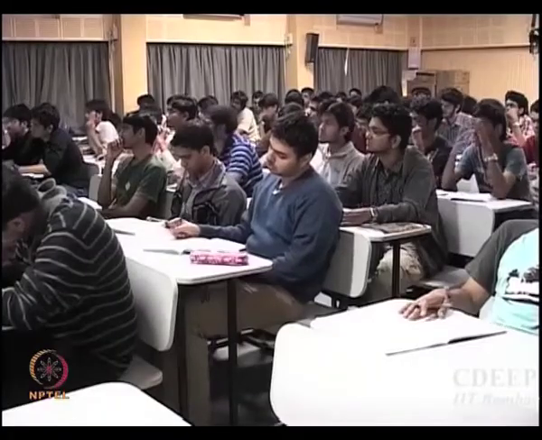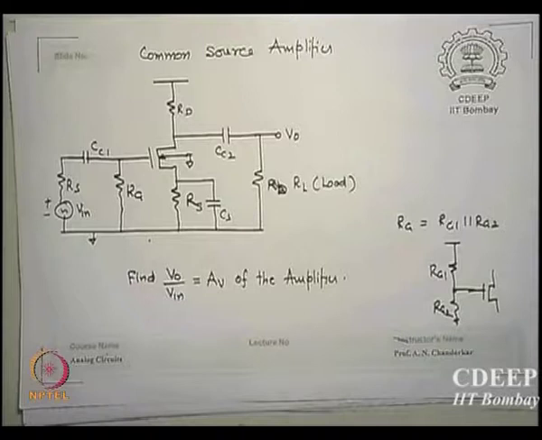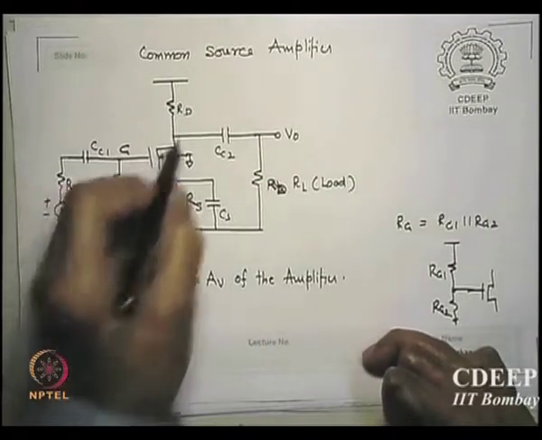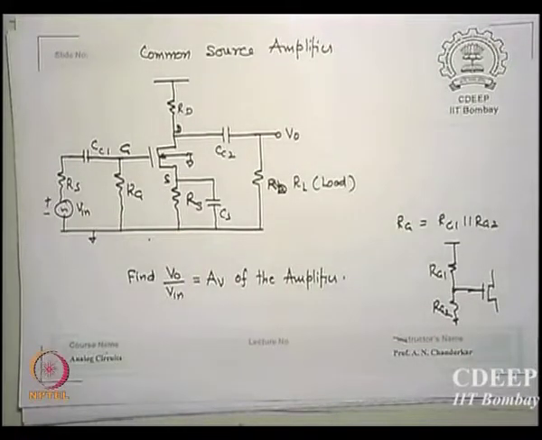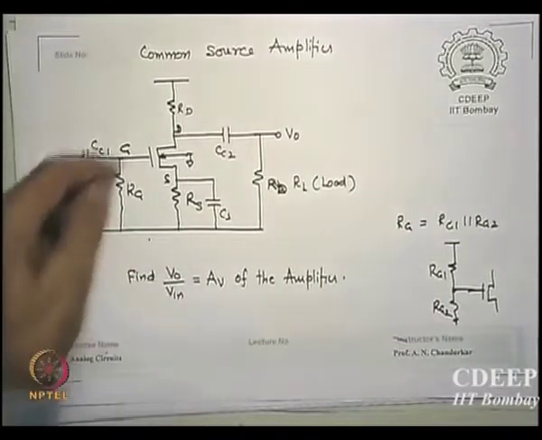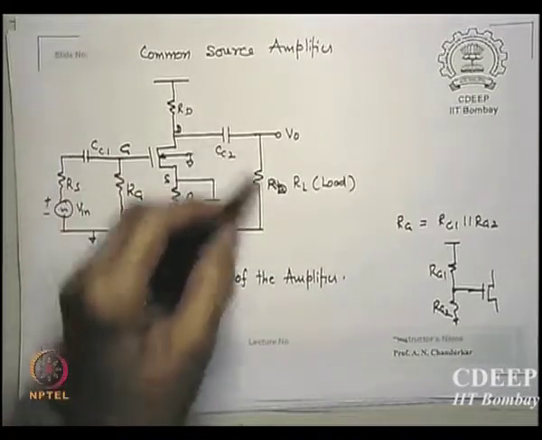Okay, so here is the first amplifier which we did partly last time, but let's repeat it again. You have a common source. Please remember, here is the gate, here is the drain, and here is the source, okay. Now you have a source which is common to input and common to output.